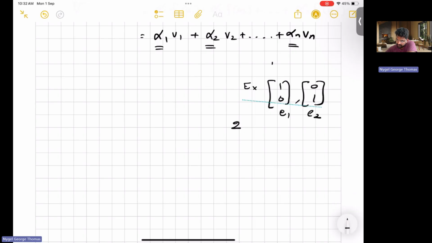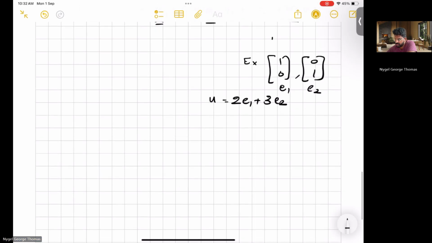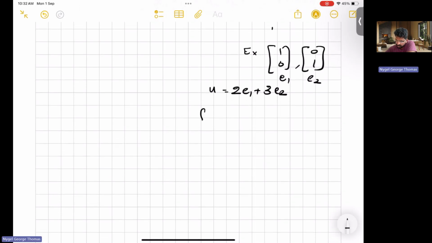Let's say our vector u is 2 times e1 plus 3 times e2. We apply some kind of transformation, f of u. How do you find this? For f of u, you can just retain these coefficients and apply the transformation on the canonical vectors, as 2 times f of e1 plus 3 times f of e2.